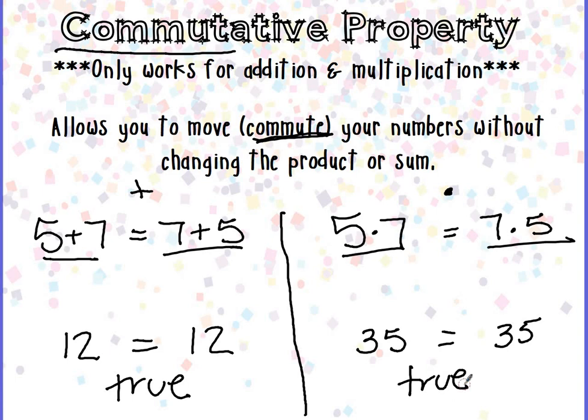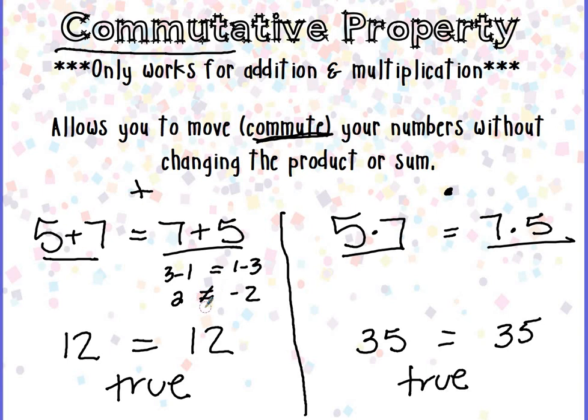Now notice I said it only works with addition and multiplication. It doesn't work with subtraction or division. Real quick, just to show you why. So if I did 3 minus 1, that would give me 2. But if I did 1 minus 3, that would give me negative 2.